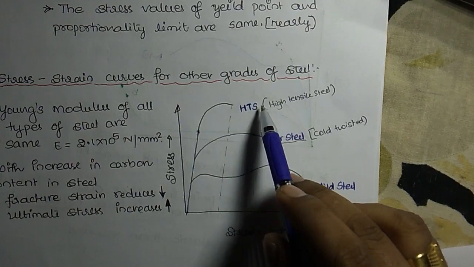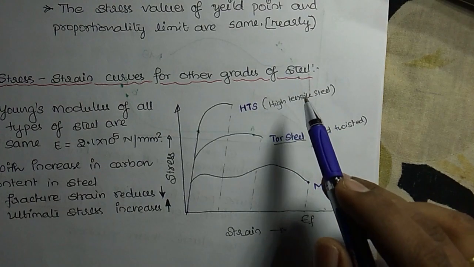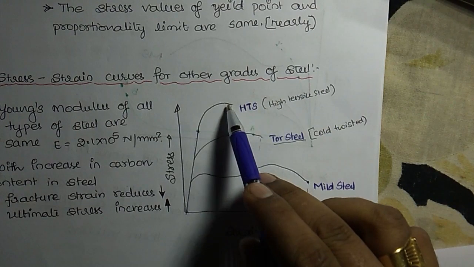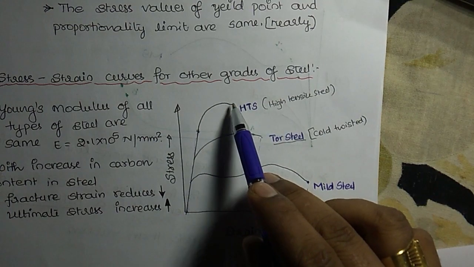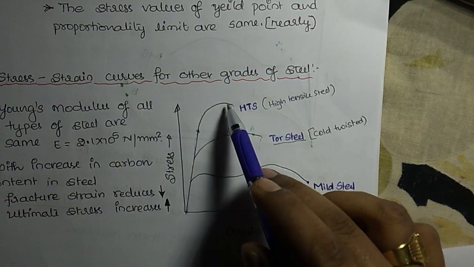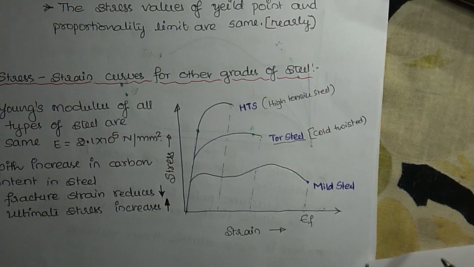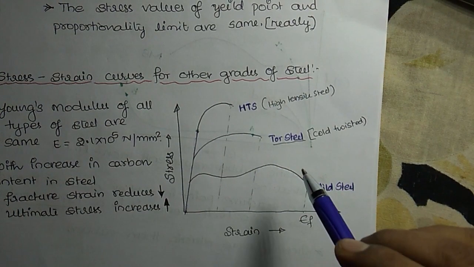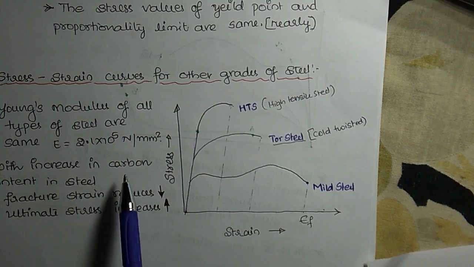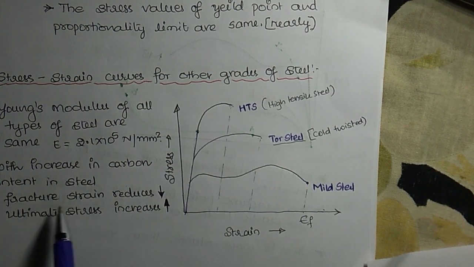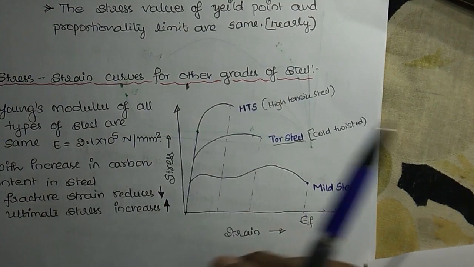Similarly, this STS has more percentage of carbon, hence the strain value has decreased more and its ultimate value has increased from these two parameters. So this point you should note down: if we increase the carbon content in steel, fracture strain reduces and ultimate stress increases.